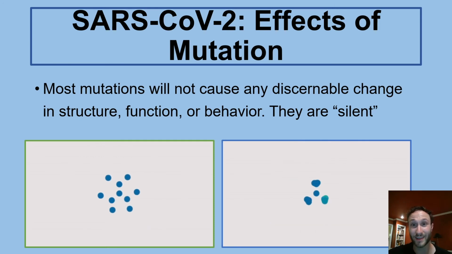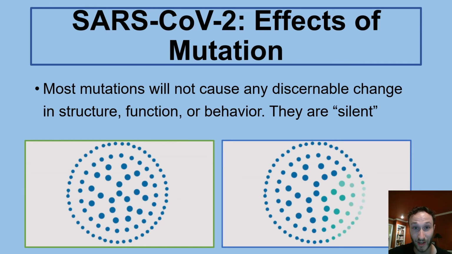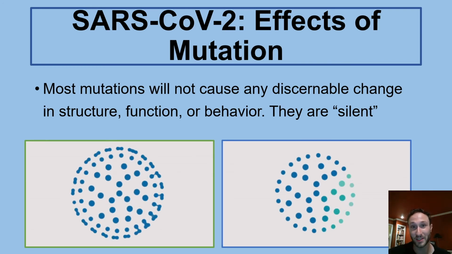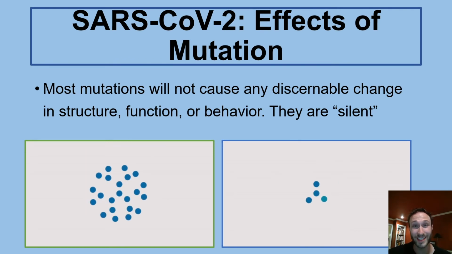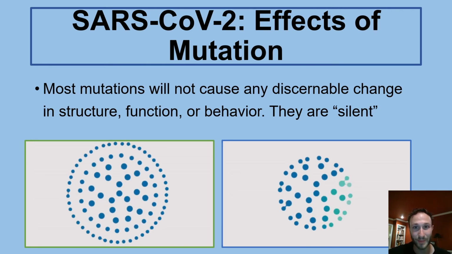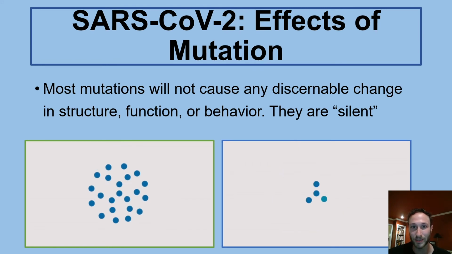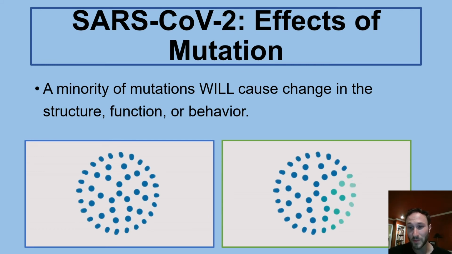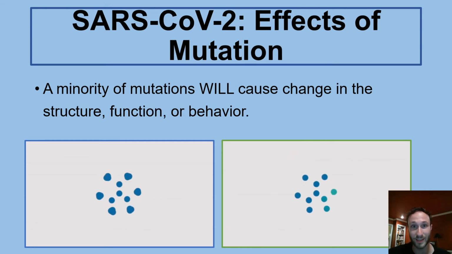If we look back at our GIFs from a couple slides ago, the majority of mutations that occur in the novel coronavirus actually look like the animation on the left, where there is no apparent change in the virus despite a change in the genome. This is called a silent mutation, and again, this happens in the majority of mutations that we've observed in the novel coronavirus. Yet on the other hand, there are some mutations that have caused observable changes in the virus itself.